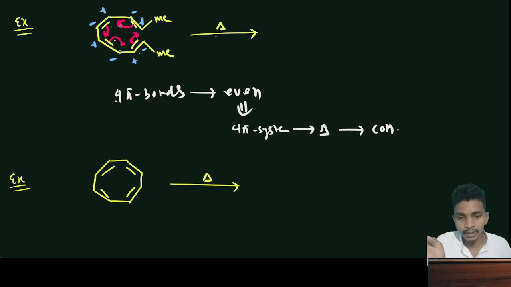So like that I can make the bonds from here also. So where will the ring form here? If we look here, this is the negative charge, and this is the positive charge.